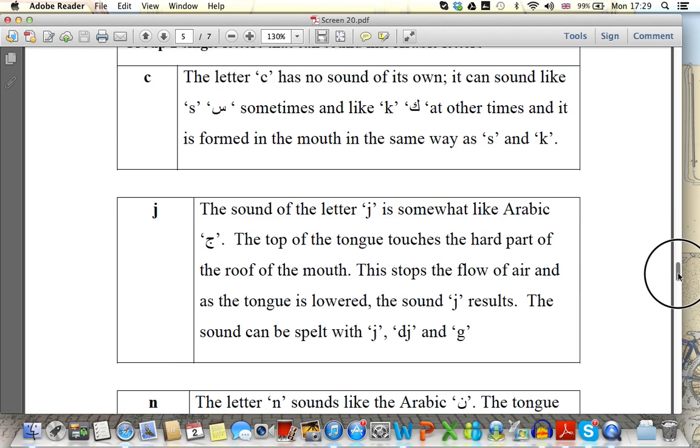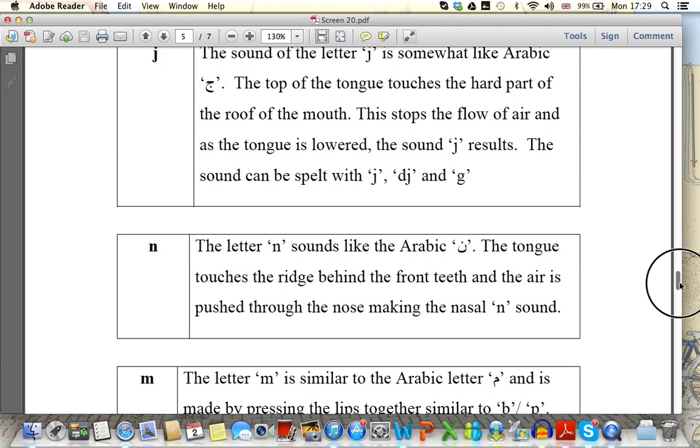Then we have the letter J, which is somewhat like the Arabic jim. And again, this one, when it appears in words, as in jam, is spelt with a J, but we also have the sound in giant, and it is spelt with a G. So you need to learn the spelling of these words.